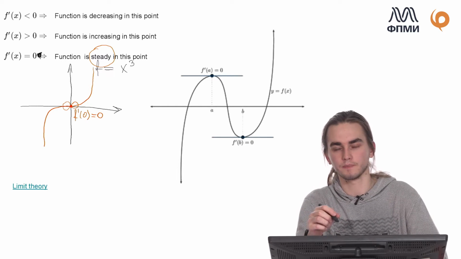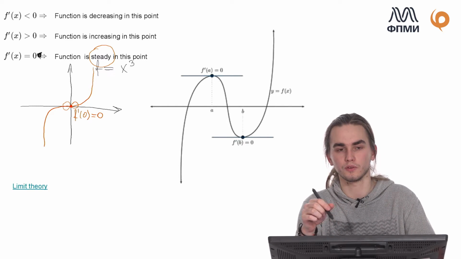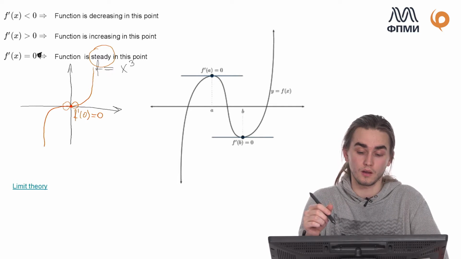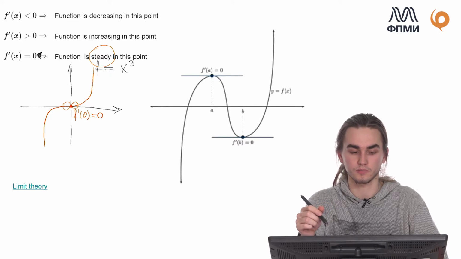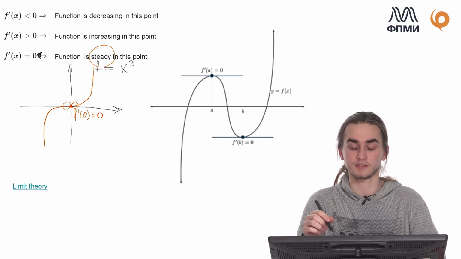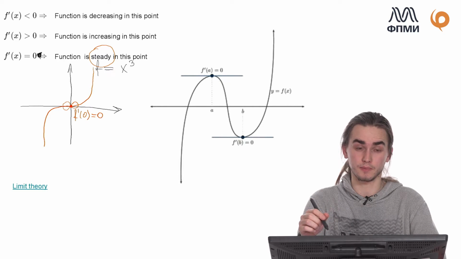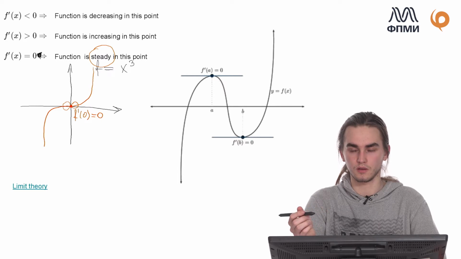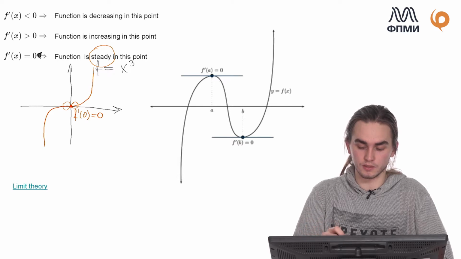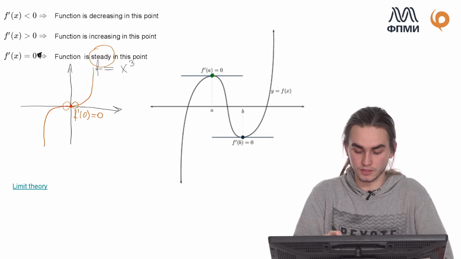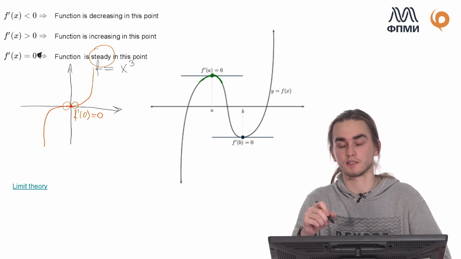Okay, here's the thing. I promised you that there will be no theorems, but there are two. The first of them is the sufficiency case for the steady point to become an extremum. So not what an extremum is, but basically it's minimum or maximum. But it's important that if it's a steady point and the derivative changes its sign when passing through this point, it's an extremum.